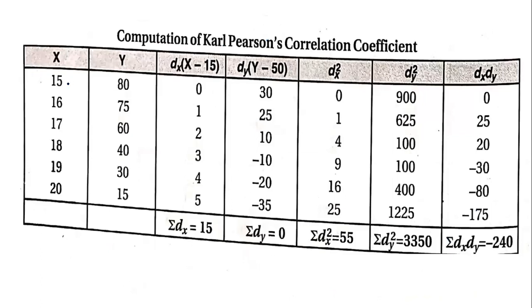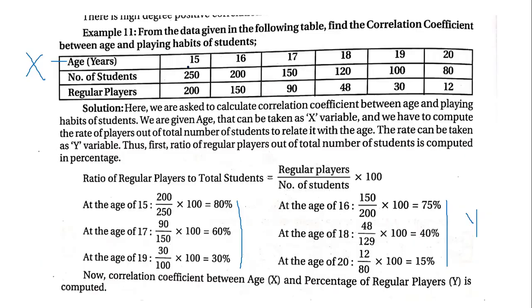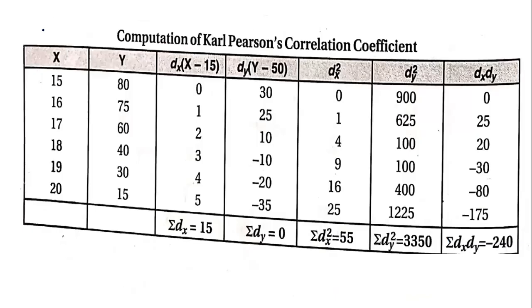X was all of the ages from 15 to 20. Age is X, this is the age factor. Later, the percentages we found out: 80% for 15 years, 75% for 16 years, 60% for 17 years, that we have considered as Y here.